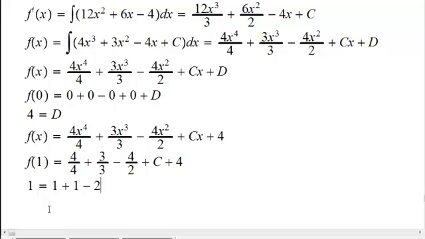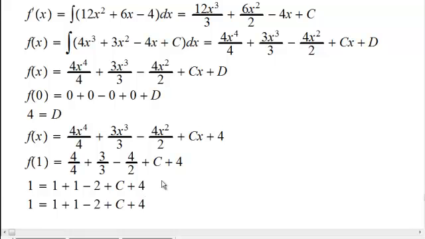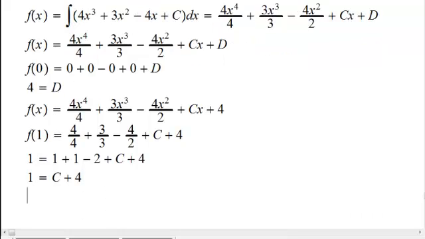He is very kind, chooses really convenient numbers, right? That's very good. All right, so what do we get then? All these guys are out, right? So C is how much? Negative 3, right? Makes sense?